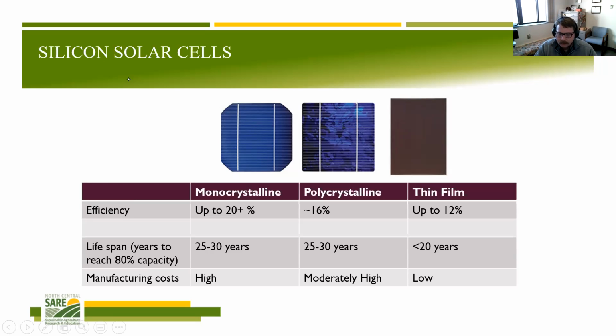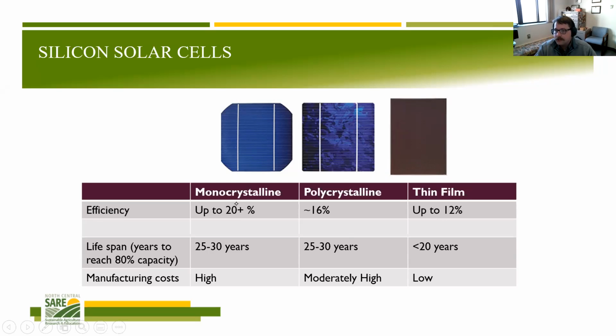And it has a little bit of an iridescent look to it. And then finally, there's thin film, where they're almost layering those. You hear about solar printing. It's that type of system.